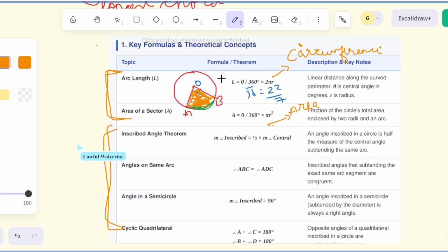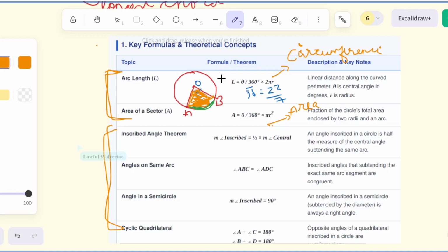And the PDF I have shared today, we will cover these two topics, arc length and area of a sector, today. And in the next meetings, we'll cover the remaining four. Once we are done with this, we'll start the next three topics, and in that way we cover the whole circles chapter. It will take some days to finish because it's a big topic altogether.